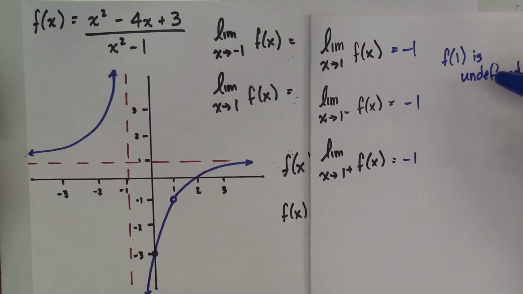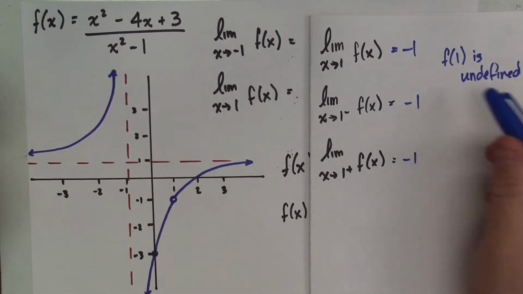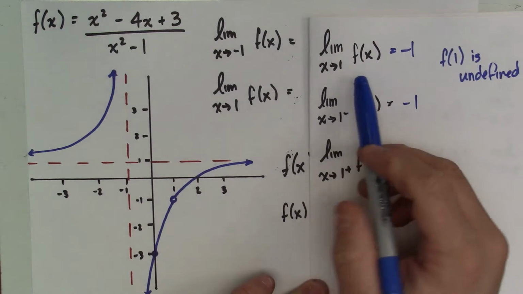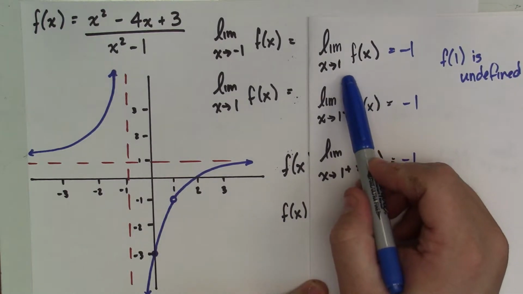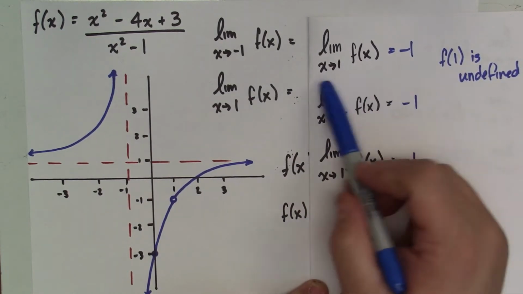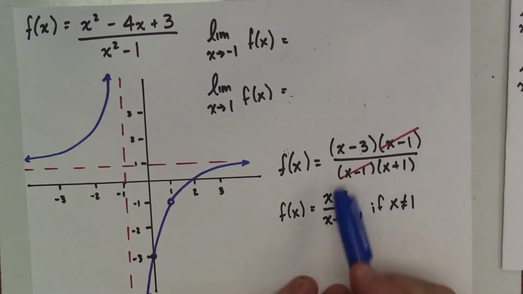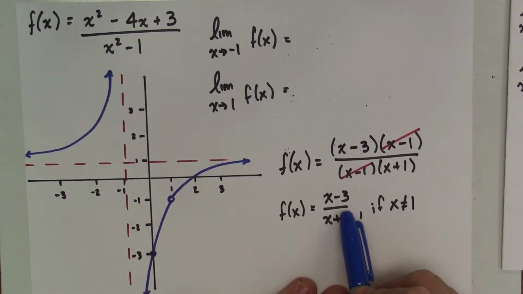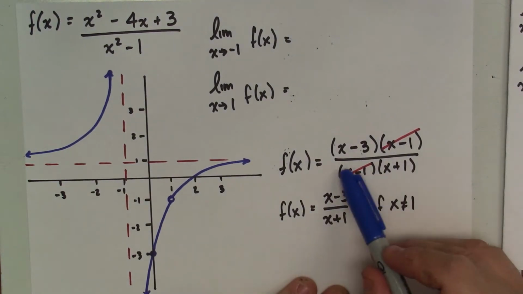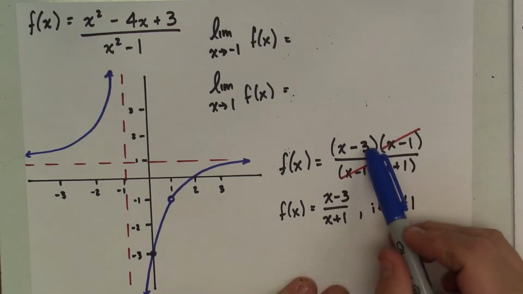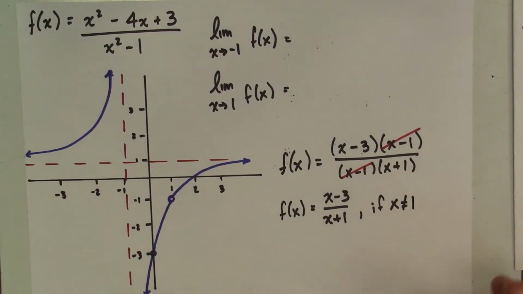But my emphasis here is, just because f of 1 is undefined doesn't mean that that limit doesn't exist. And here's why. This comes back to the idea of if I cancel that discontinuity, if I remove this discontinuity.